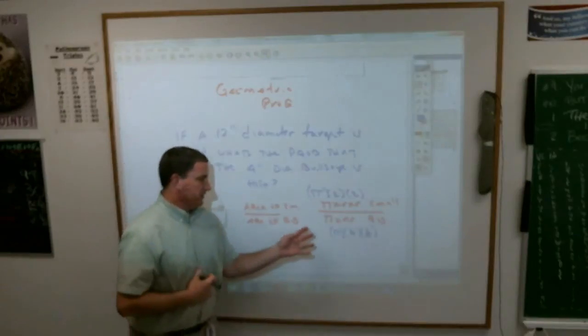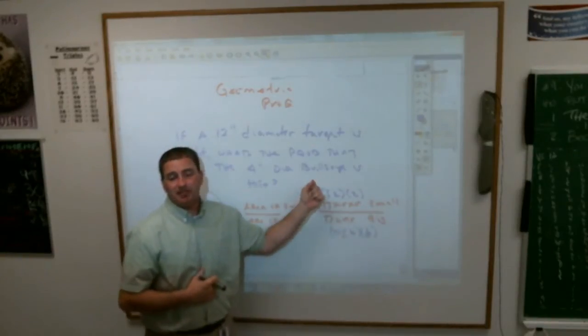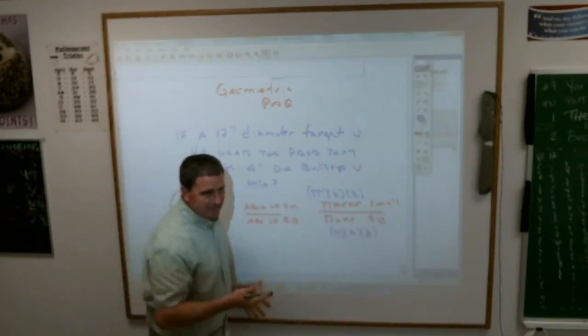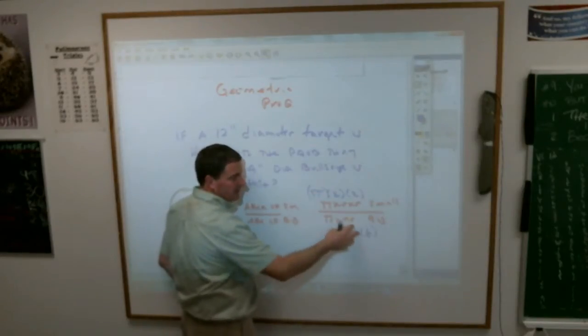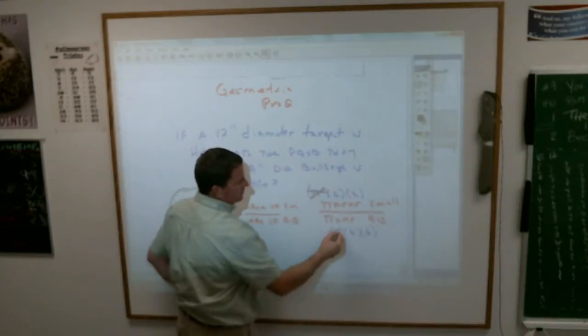People get upset with pi because it's 3.14 and you have to do work with that. But if I have a pi on top and a pi on the bottom, they go away, so you don't even need to deal with the 3.14. If only one had a pi, I'd have to deal with it, but both do, so you can cross them off.